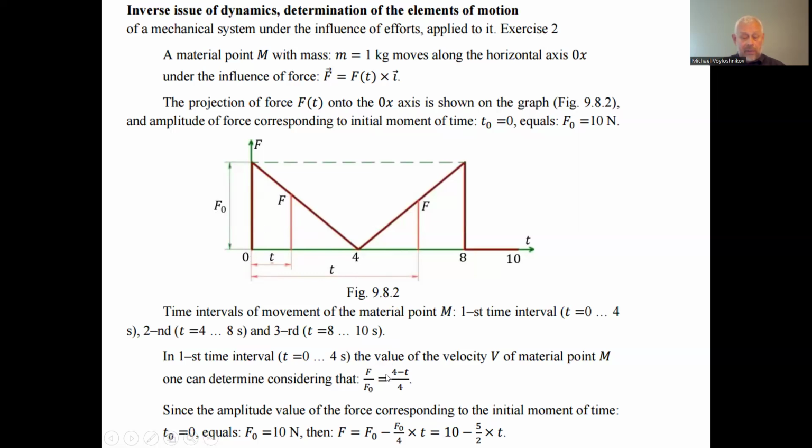So from this proportion, we can find that the amplitude value of the force corresponding to the initial moment of time 0 equals 10. Then the force at any time moment within the interval from 0 to 4 seconds will be 10 minus 5 divided by 2 multiplied by t.